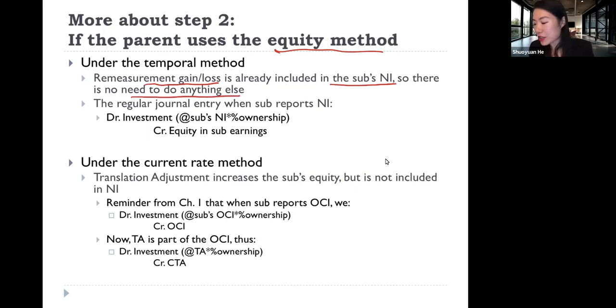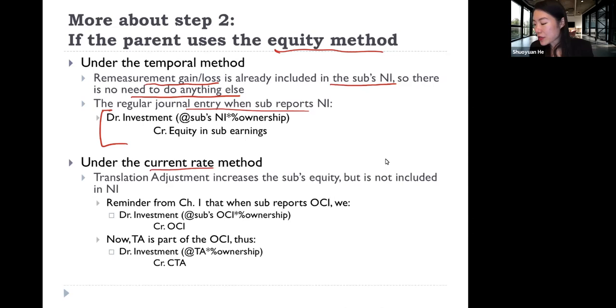We just need to make the regular journal entry when the subsidiary reports its net income, which is debit investment account, credit equity in subsidiary income. This entry should already be made to record the earnings reported by the subsidiary. So there's no other journal entry that needs to be made here.